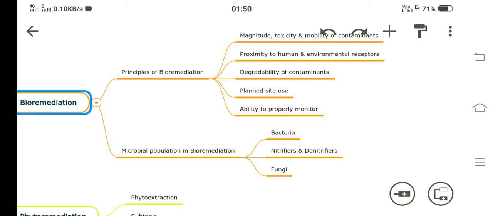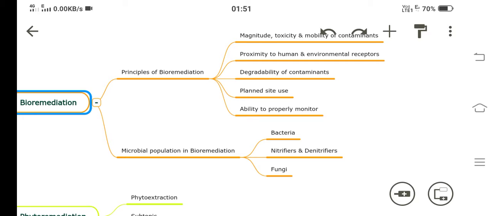In this topic, we saw that we can use bacterial species such as Pseudomonas putida, Dechloromonas aromatica for the purpose of bioremediation. In case of industrial bioremediation, we have seen how we can use nitrifiers and denitrifiers. Some examples are Nitrobacter, Deinococcus. These are the examples of nitrifiers and denitrifiers.